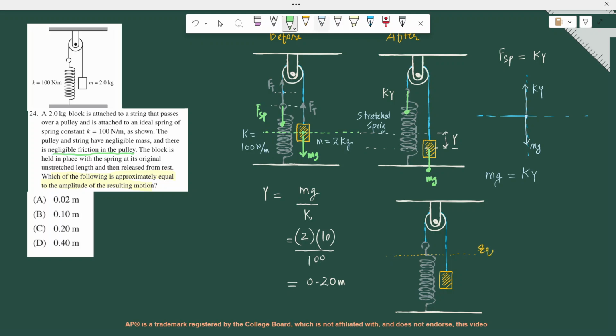If you move this block further down, then it will execute simple harmonic motion between these two extremes. So this distance which we have calculated, 0.20 meter, is the amplitude of the motion.